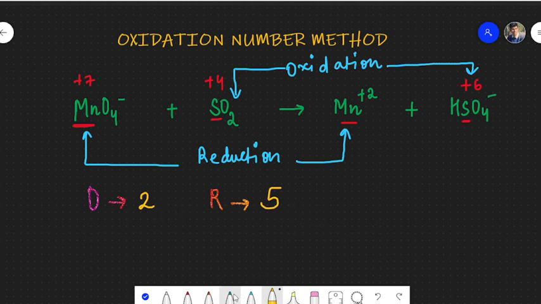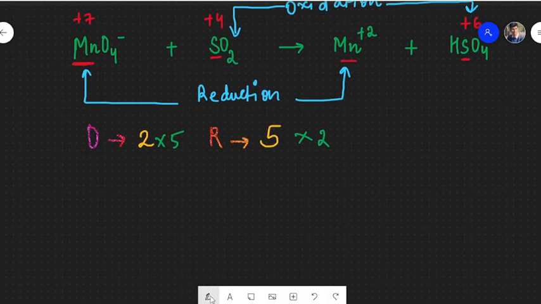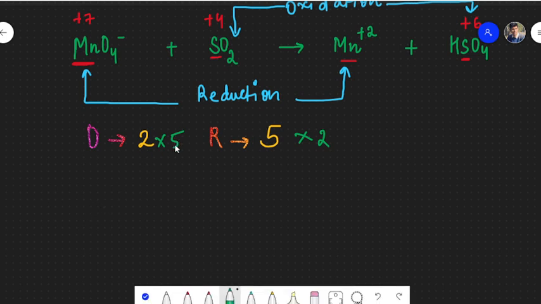So here is the trick. To make the electrons the same, you are going to multiply the oxidation things by 5 and the reduction things by 2. So multiply by 5 wherever oxidation is happening and multiply by 2 wherever reduction is happening.